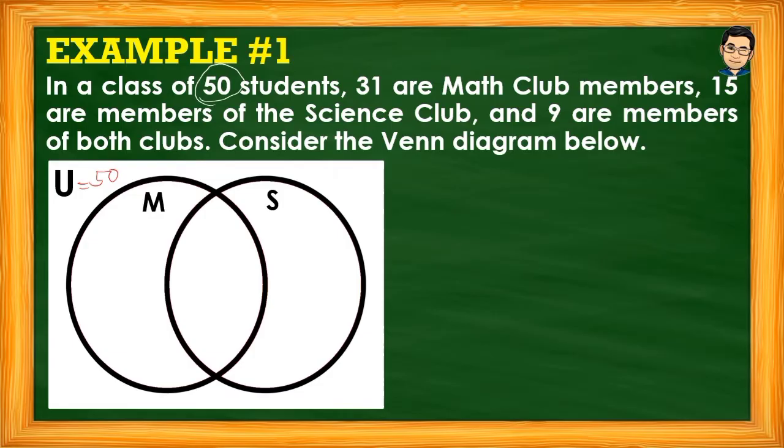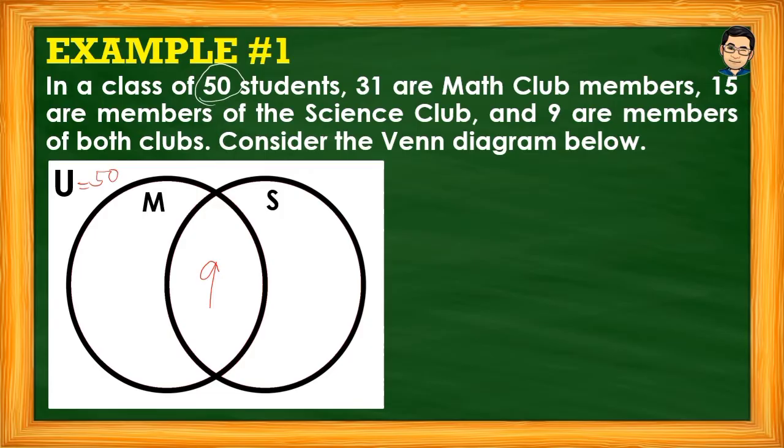So, para malaman natin kung ilan yung members ng math club lang, kailangan muna nating i-plot yung intersection ng dalawang events na yan. So 9 are members of both clubs. Isusulat po natin yung 9 na yan sa gitna. So yan yung nag-i-indicate na there are 9 students na member ng parehong club, Math and Science Club.